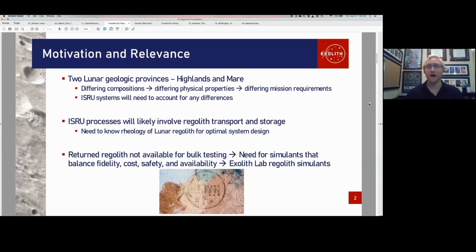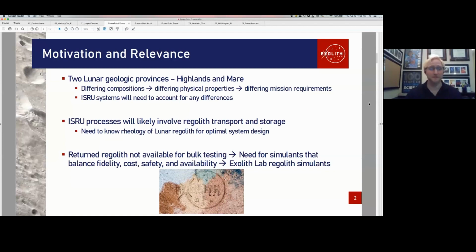So lunar ISRU systems will likely involve the automated transport and storage of regolith, and need to account for any differences in the relevant parameters affecting this regolith storage and transport, such as mass flow rates through various processing systems. Since there is no bulk returned regolith available for testing, we need to use high fidelity terrestrial analogs, and that is exactly where Exolith Lab comes in.